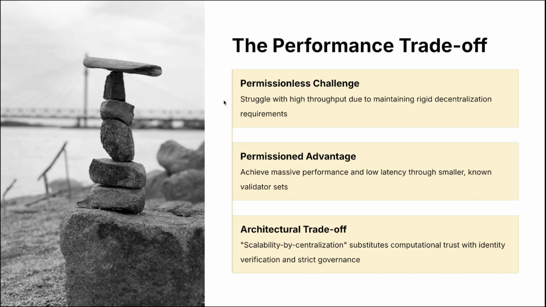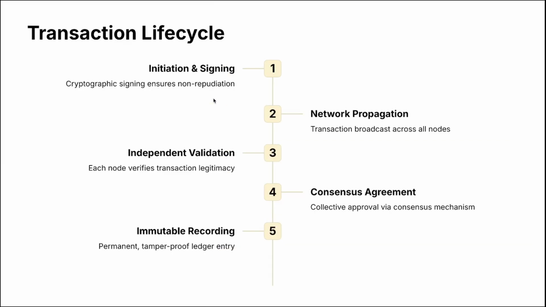All right, let's quickly also touch on the transaction lifecycle for DLT systems. It all begins with initiation and signing. A user creates a transaction and signs it using their private key. This cryptographic signature ensures non-repudiation, meaning the sender cannot deny having sent it, and that transaction authenticity can be independently verified.